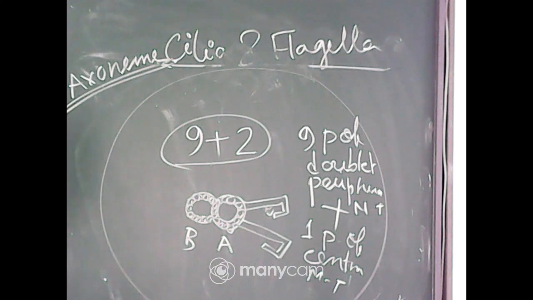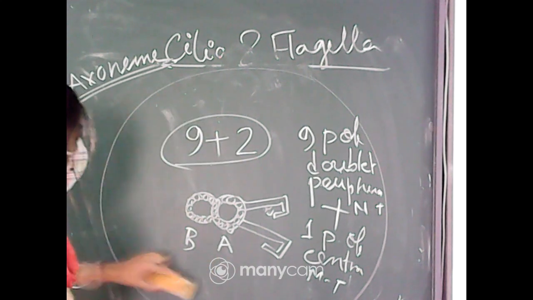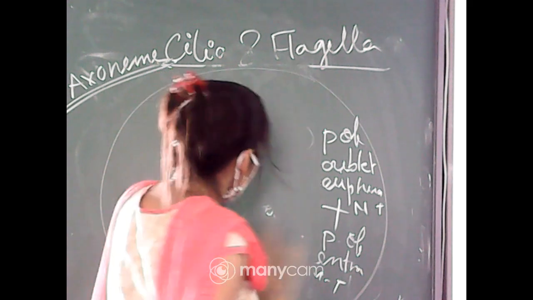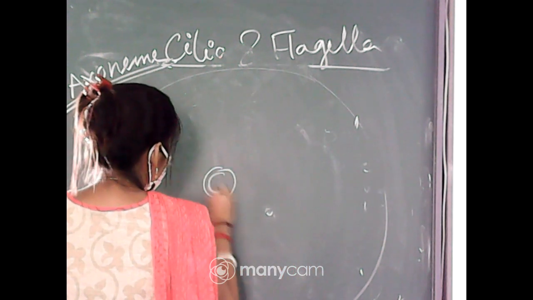Okay. Now, first I will draw the central part, and after that I will show you the 9 peripheral parts. So, centrally placed 2.